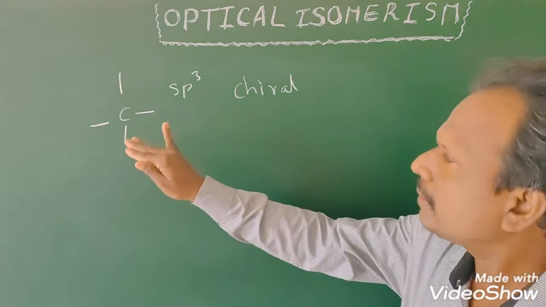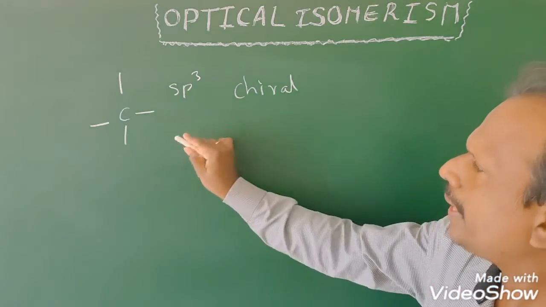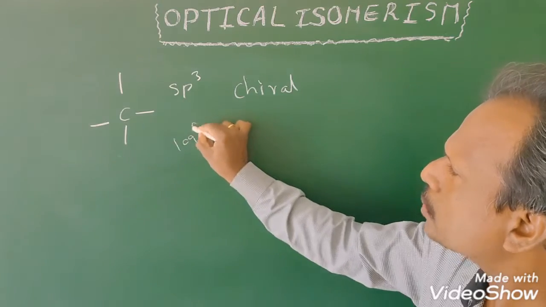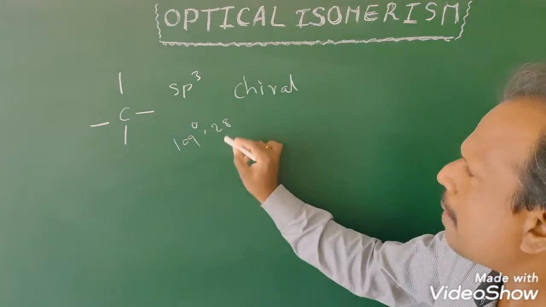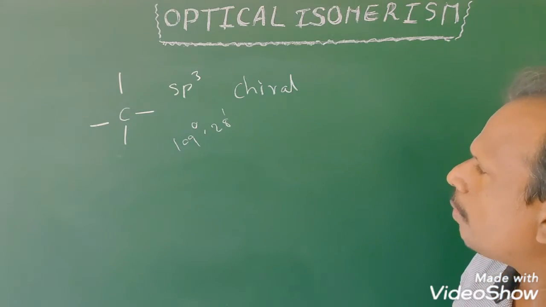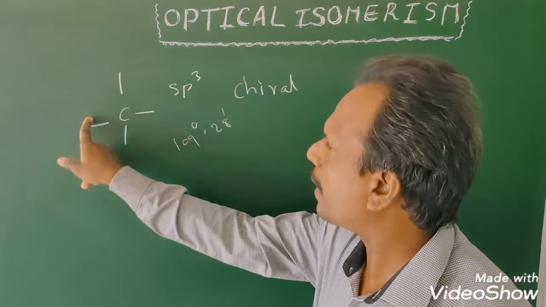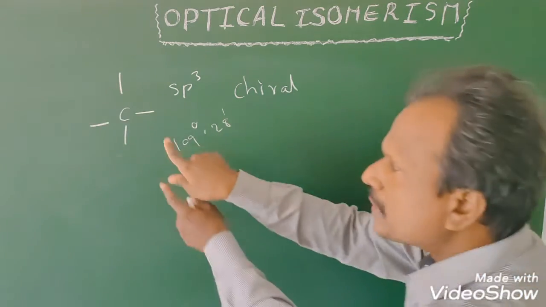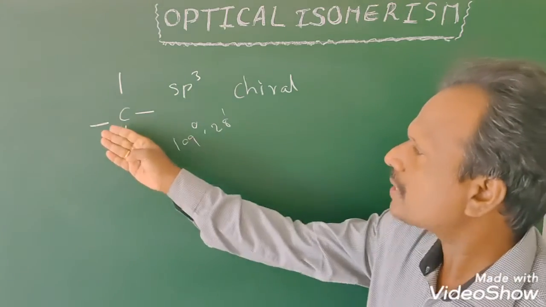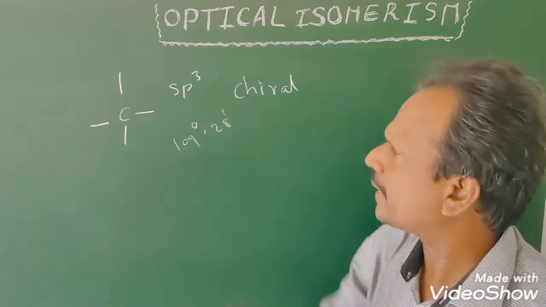They are not present in the same plane because the bond angle is 109 degrees 28 minutes. For sp3 hybridization, the bond angle is 109 degrees 28 minutes. So the 4 groups are not present in the same plane. If 2 groups are in the plane, one group is above the plane and another is below the plane.